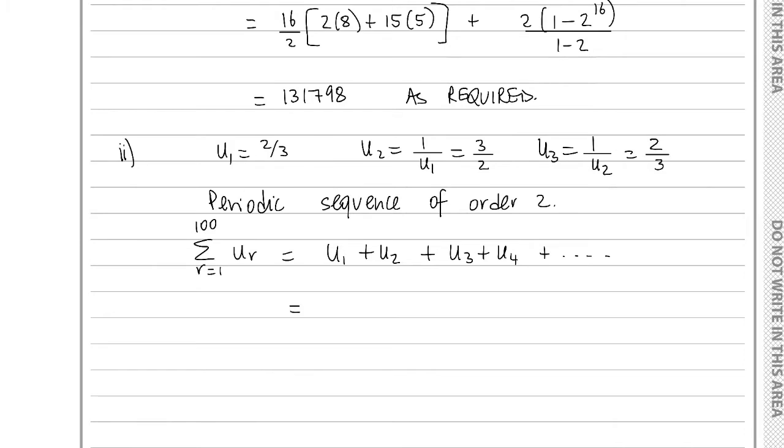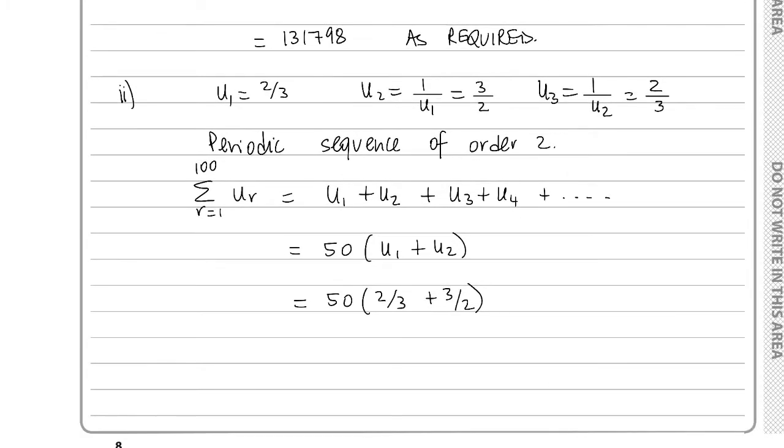So it's going to be 50 times U1 plus U2, which is 50 times 2/3 plus 3 over 2, which gives me a result of 325 over 3. So the key point here was to identify this repeating pattern. So every 2 we repeat, so we get 325 over 3.